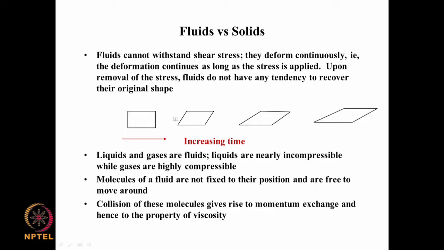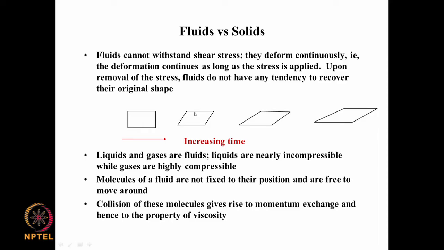So, in the case of fluid, the initial rectangle keeps deforming continuously with time, it does not stop, whereas in the case of a solid, once it reaches a certain level of deformation, like in the second picture here, there is already a resistive force generated internally, which will eventually reach an equilibrium with the applied stress, so as to maintain a shape in this distorted fashion.